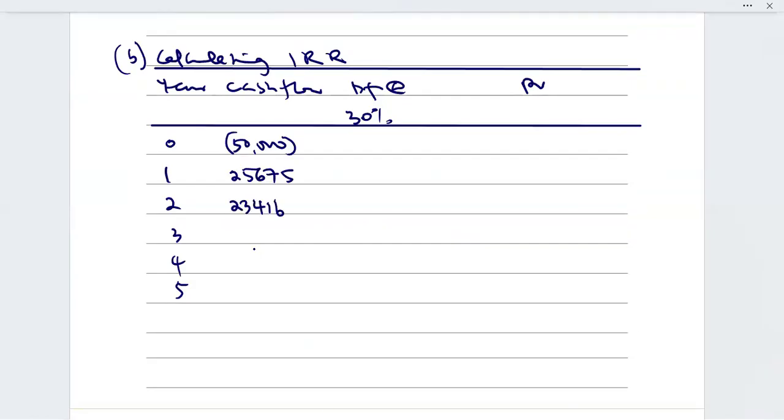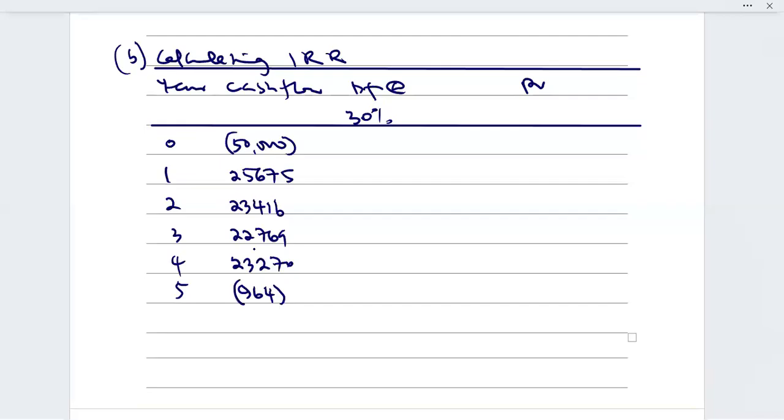Year 3, 22,769. Year 4, 23,270. Then year 5, 964.